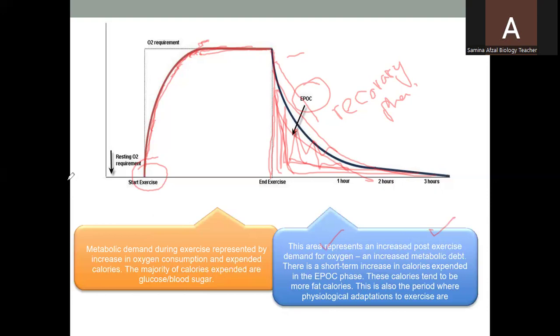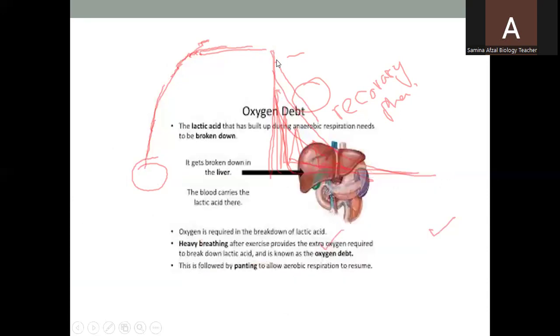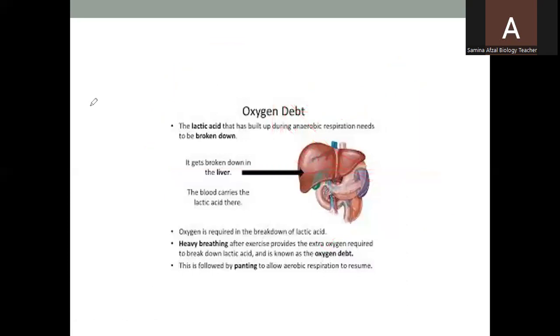Now we will move towards the next type, which is oxygen debt. I already told you about oxygen debt, but again, a little bit more. Lactic acid that has built up during anaerobic respiration needs to be broken down. Then the body will become normal when it is broken down. So it is sent towards the liver, and in the liver, it will be broken down into carbon dioxide and water.